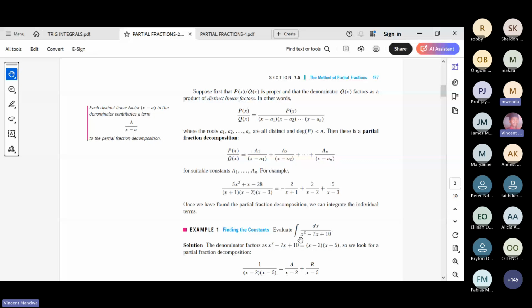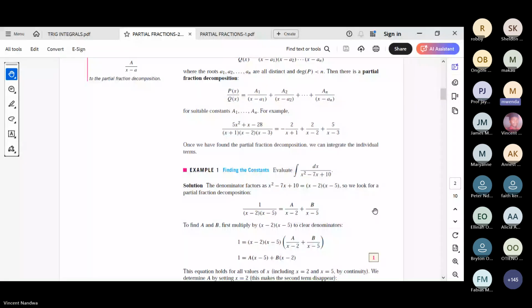I want us to use the same method to find the values of A and B, the same way we found A, B, and C in the previous example. Once you have determined that the fraction is proper and the denominator can be written as a product of linear terms, you write the correct structure of your partial fractions.